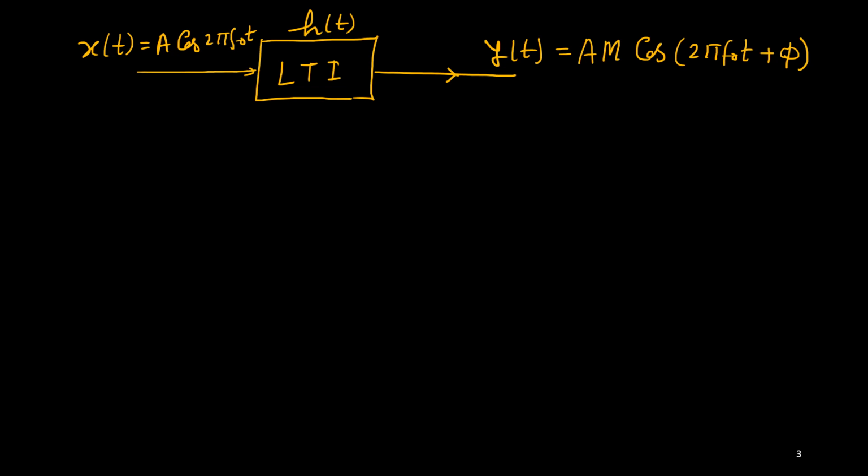Now this M and phi are the magnitude and phase of this LTI system. So if this LTI system's Fourier transform is H(f), then the magnitude M is actually |H(f)| at f equal to f naught.